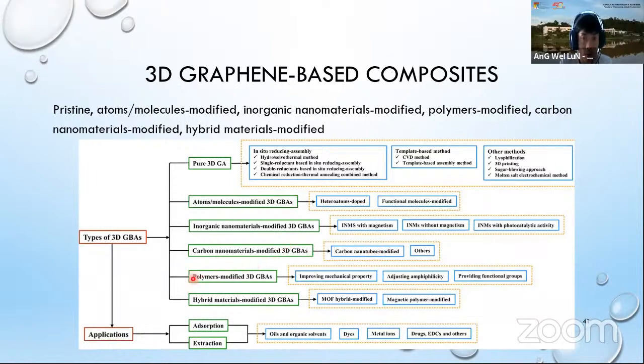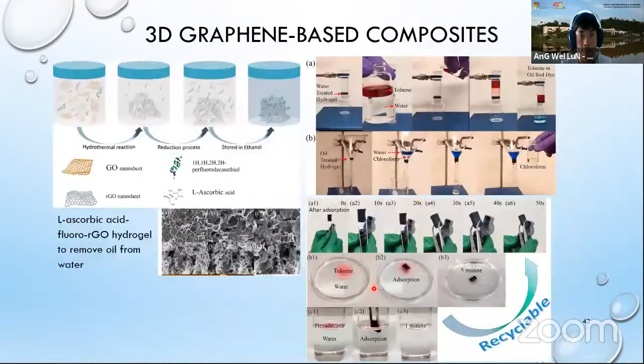We even can combine it with polymers and hybrid materials. So there are lots. Okay, there are lots, and it's impossible for me to summarize and show it here. Okay, so now I'm just going to show you some. I'm highlighting a few examples that I think are interesting. Okay, and you can see the diagram here.